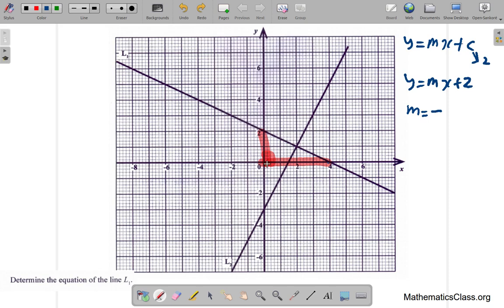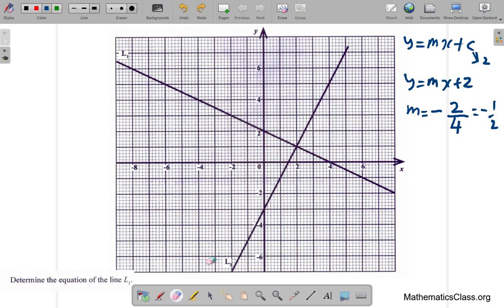It goes 2 units down, from 2 to 0. That's a fall of 2, over the run, running from left to right 4 units. So it's negative 2 over 4, which is negative a half. So the gradient is negative a half.